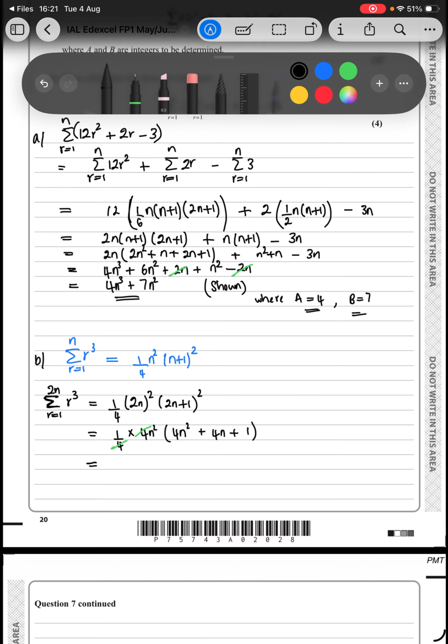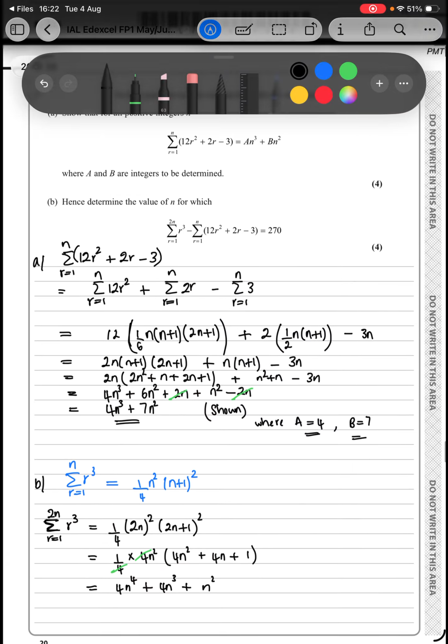So that's going to be n squared times 4n squared, which is 4n to the power 4, plus 4n cubed plus n squared. So that's the summation of r cubed from r equals 1 to 2n.